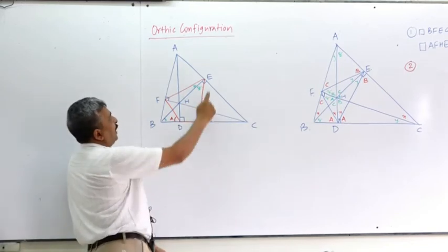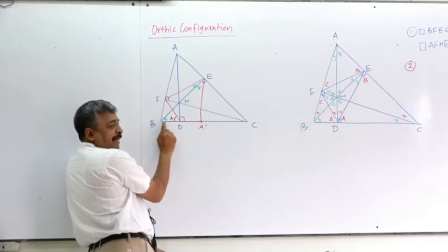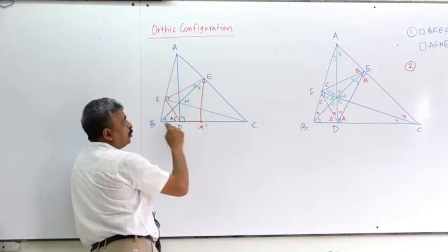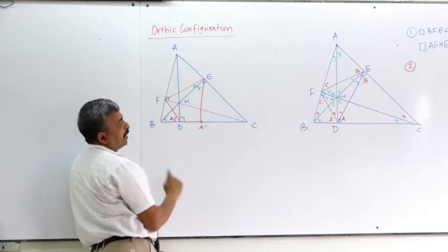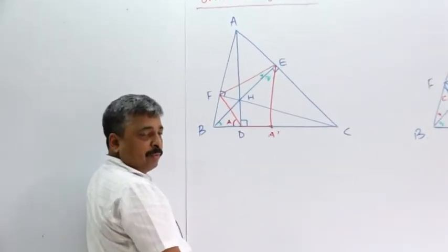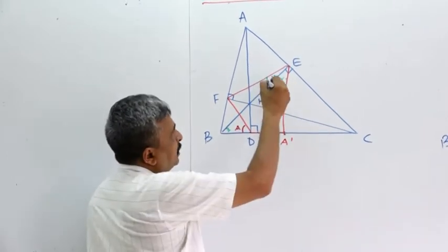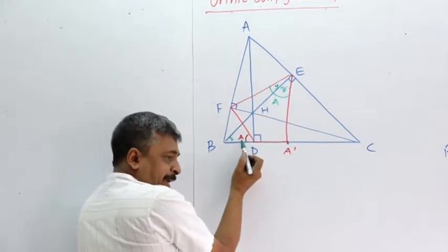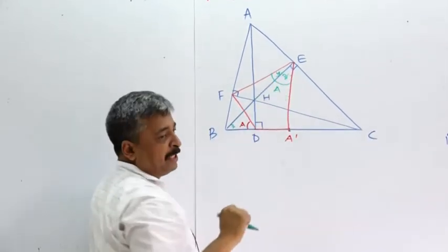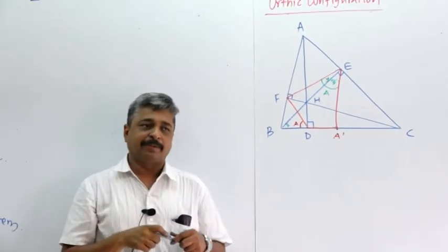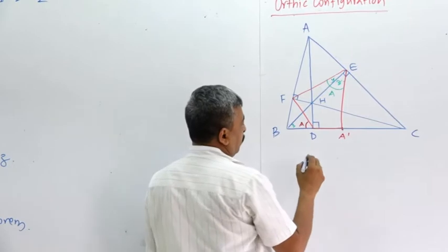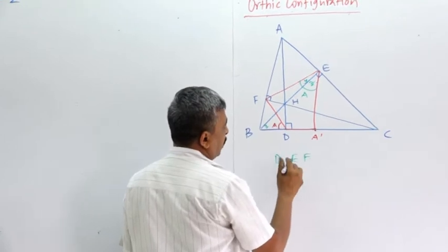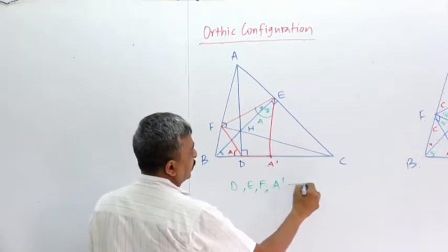Therefore A dash B is equal to A dash E, and in that diagram we have denoted this angle as Z. Therefore this angle also will be equal to Z. This is isosceles, and therefore this angle should be Y plus Z, which is equal to A. So the exterior angle of quadrilateral FDA dash E is equal to the remote opposite interior angle A. Therefore it is cyclic. So D, E, F, A dash are cyclic.